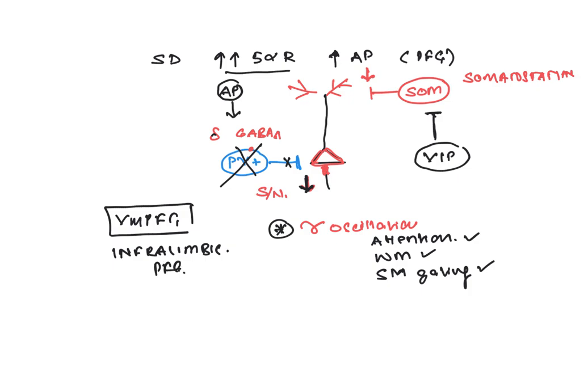And we'll talk about it in more detail when we talk about schizophrenia: if there is a decrease in the functioning of the ventromedial prefrontal cortex, there will usually be an increase in the release of dopamine in the basal ganglia or the striatum.